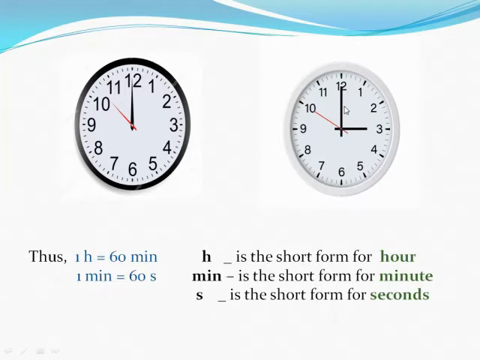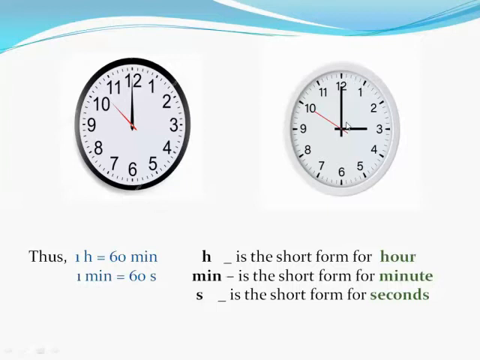Between any two consecutive numbers, there are 5 small division marks which stand for minutes. Between these two numbers, 12 to 1, at the center are marked the minutes. There are 5 minutes between 12 and 1.